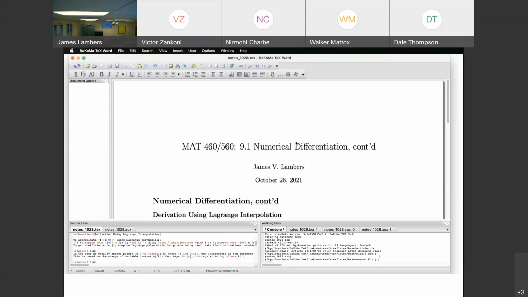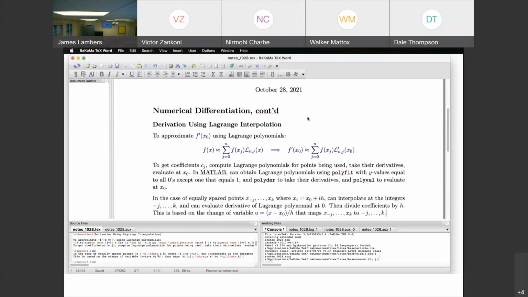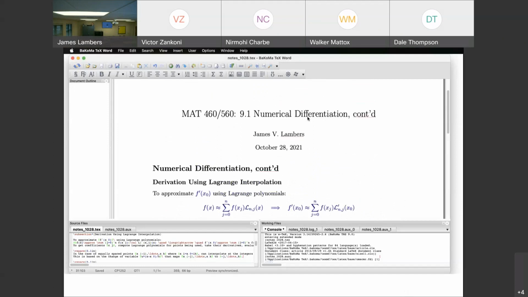So last time what we saw was how to approximate derivatives using Taylor expansion to come up with approximate differentiation rules or finite difference formulas. And now we're going to look at an alternative approach, Lagrange interpolation.